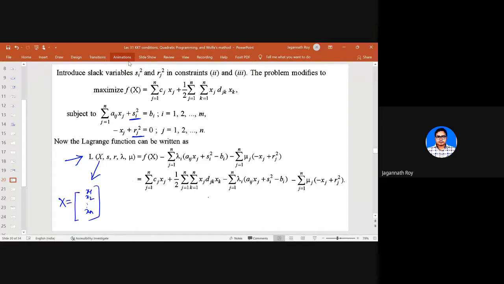Now S is the slack variables. S1, S2, Sm. What is M or N? Okay, yeah, M. What is R? R is the surplus variables. R1, R2, Rn.